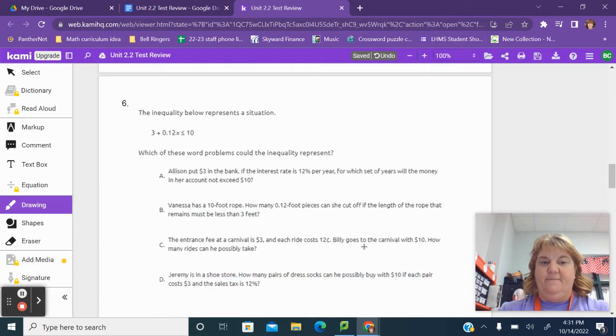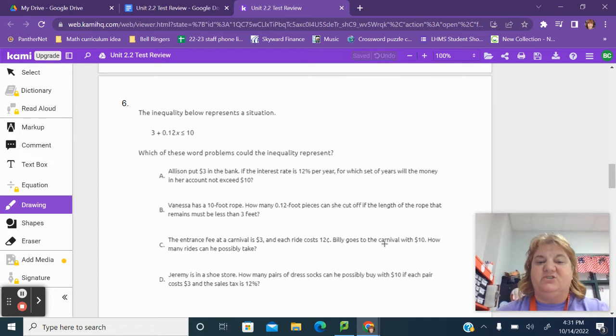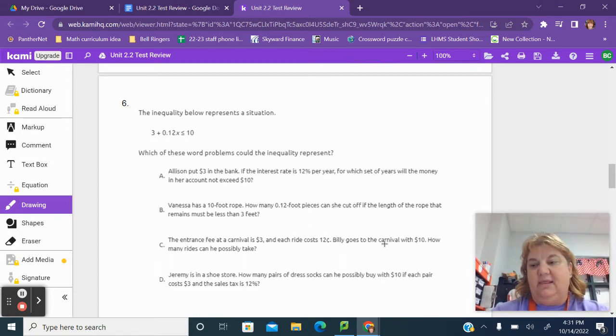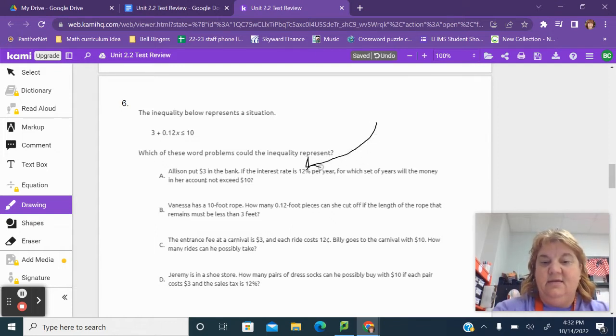Okay, rolling along. The inequality below represents a situation. Which of these word problems could the inequality represent? So we have $3, and it's going to be 12 cents, 12 cents is what it is, times x is less than 10. So Allison put $3 in the bank. That matches. The interest rate is 12%. That's the same. 12% equals 0.12.